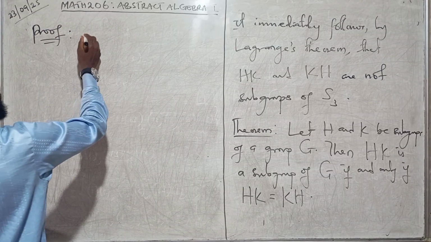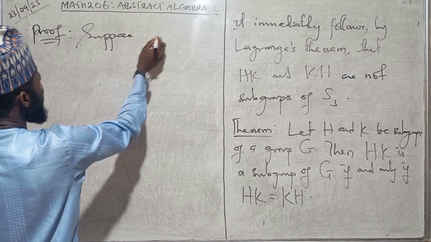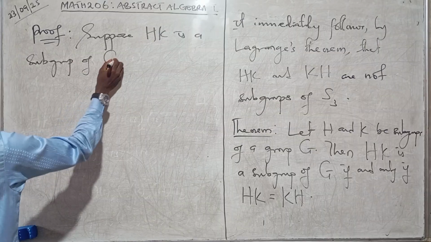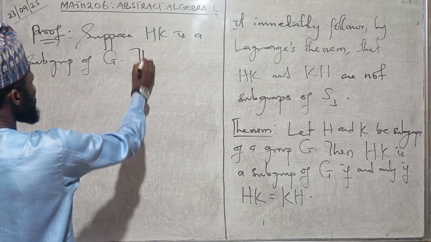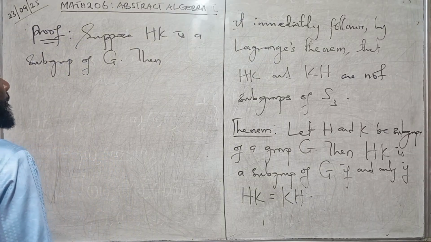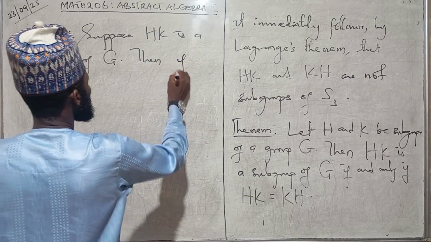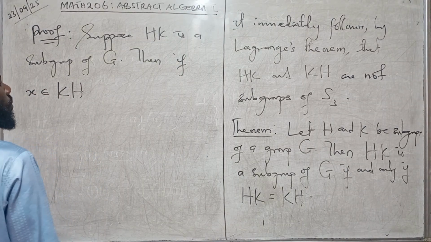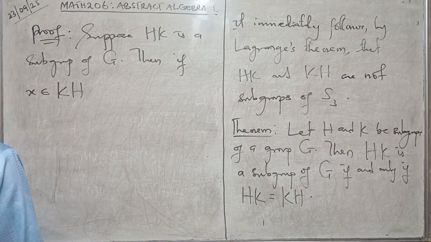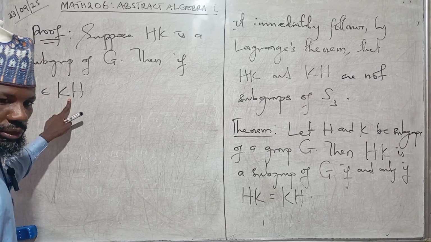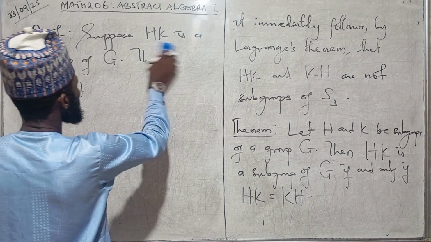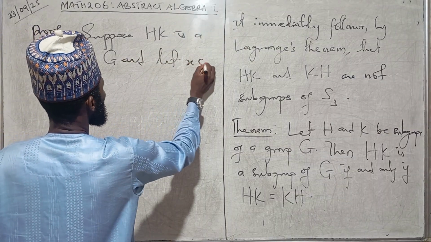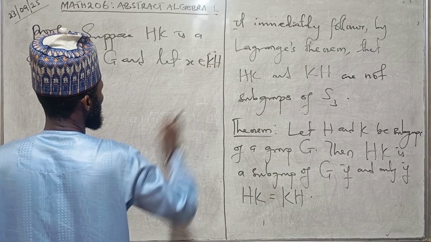So suppose HK is a subgroup of G. Then, if you take X in KH, I think I should say let H be... and let X be an element of KH.